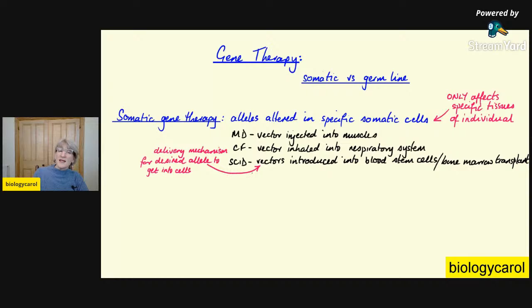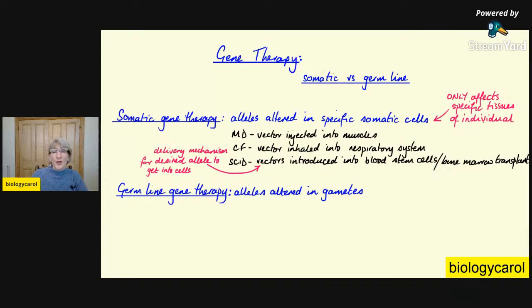And for SCID, the vectors are introduced into the blood stem cells or into where there's a bone marrow transplant, so that functioning T and B cells can be produced. So this only affects the specific tissues of the individual affected by the disease.